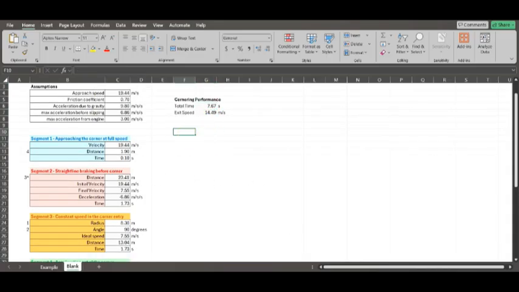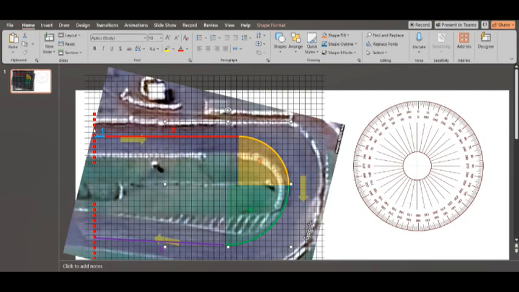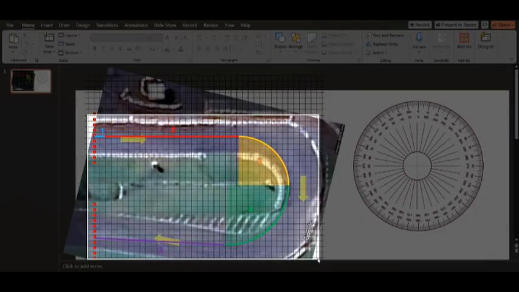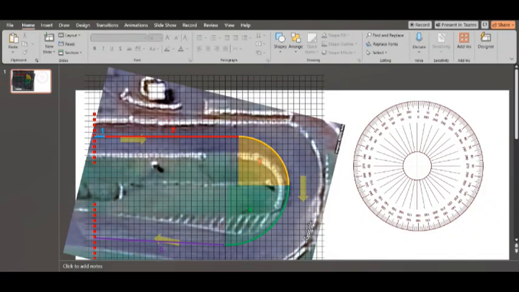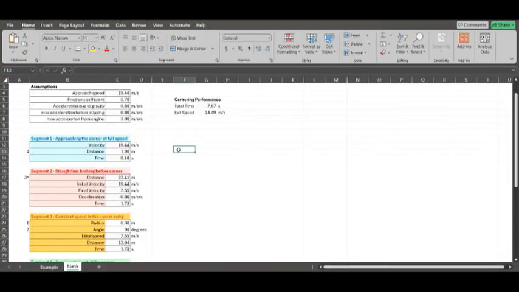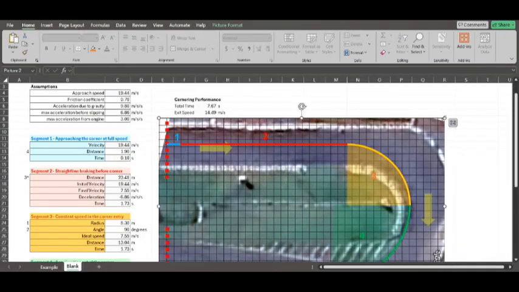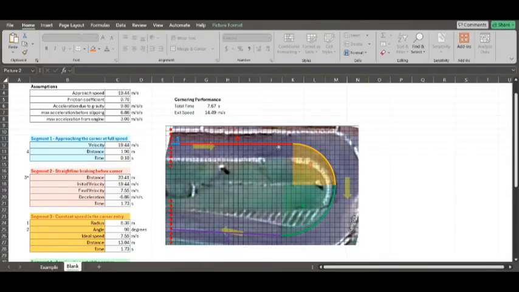Actually, before I do anything else, I'm going to take a screenshot. So Windows Shift S, I'm going to take a screenshot of that, and I'm going to put my screenshot into Excel like that, just so I've got a record of what my calculations were.